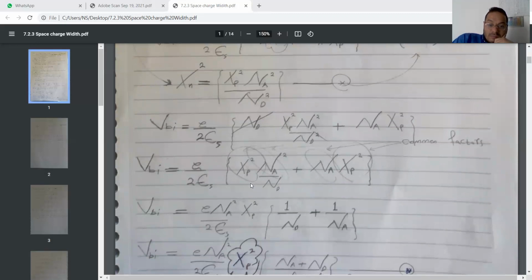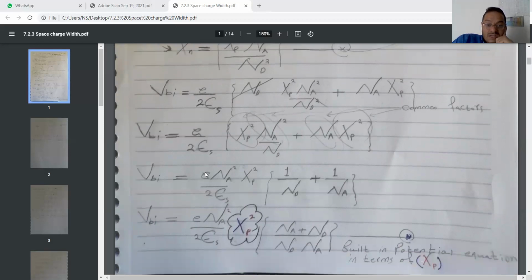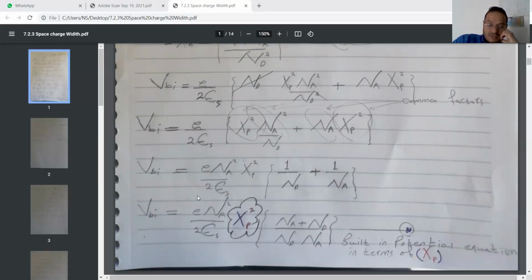Here, in this situation, we have just one unknown. That's what we need to calculate in this equation. Here: electron charge, acceptor concentration squared, divided by 2 times the permittivity, times the width in the P region squared, between 2 brackets, 1 divided by the donor concentration plus 1 divided by the acceptor concentration.